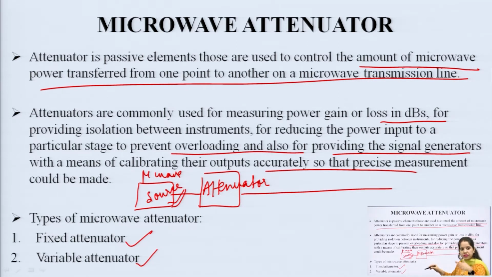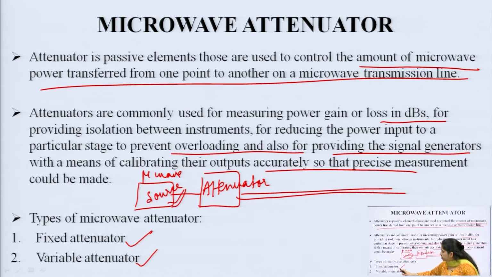So, the attenuator is basically used to control that. There is a structure where we can adjust the attenuation, how much we have to reduce the power. As per that we will get the power in the remaining section.